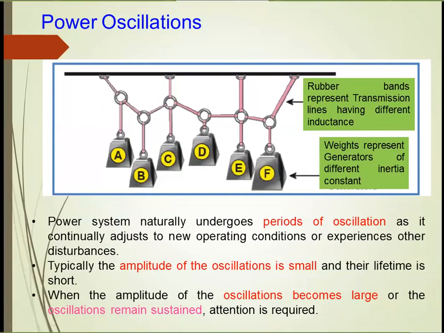In that case, we need to apply some control. So attention is required, particularly for oscillations of larger magnitude or of sustained nature, otherwise the system may become unstable following the disturbance when it changes to the new operating point. This is the typical system that we have in our power network.